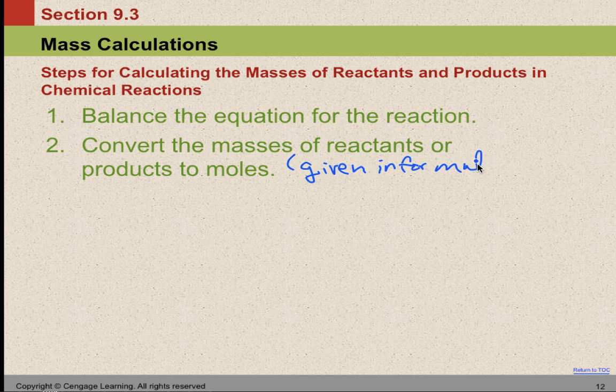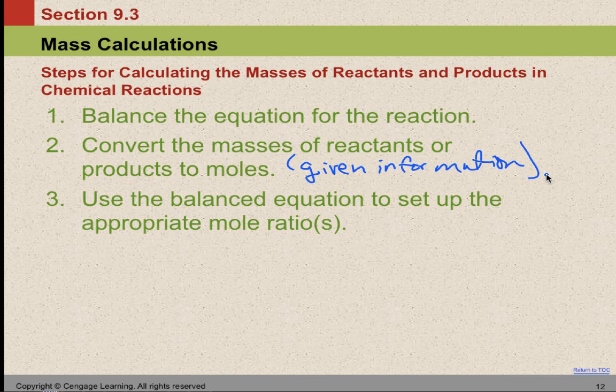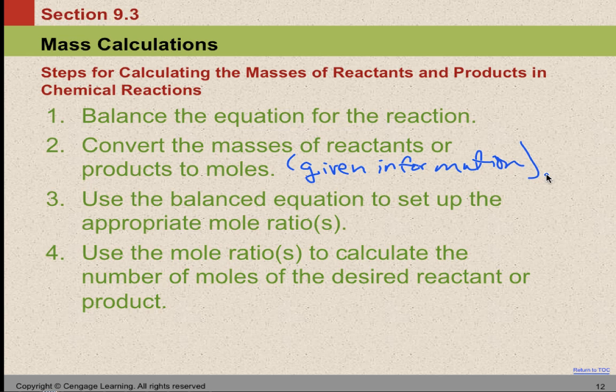If it's given in mass, we're going to have to convert to moles. 3, use the balanced equation to set up the appropriate mole ratios, meaning the mole ratio between what you're given and what you're looking to find. 4, use that mole ratio to calculate the number of moles of the desired component of that reaction. And then you're going to convert back from moles to mass.